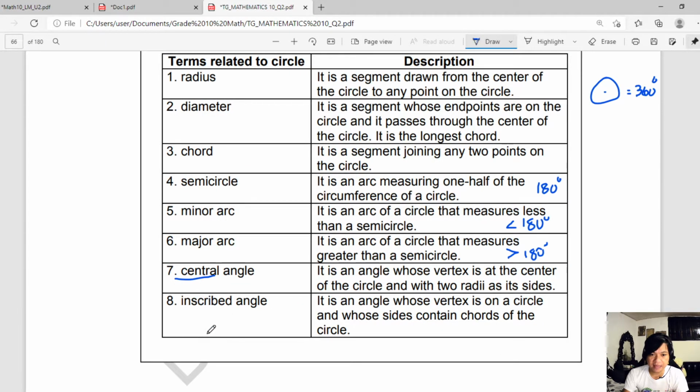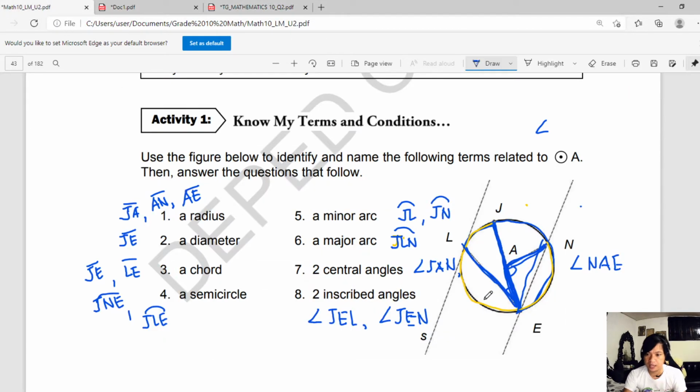On the other hand naman, inscribed angle, it is an angle whose vertex is on a circle and whose sides contain chords of the circle. So, pag hindi sa center yung vertex ng angle, kundi nasa circle lang siya, automatically inscribed angle na siya, like this one. So the vertex is here, so hindi siya center, on a circle lang siya, so this is an inscribed angle.